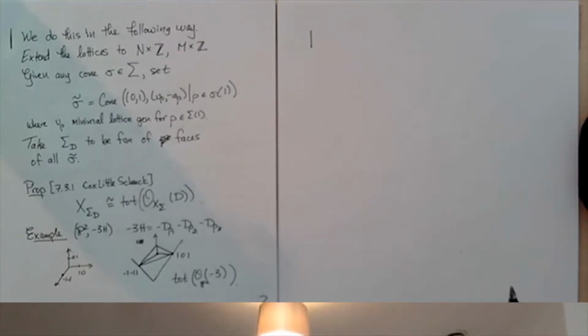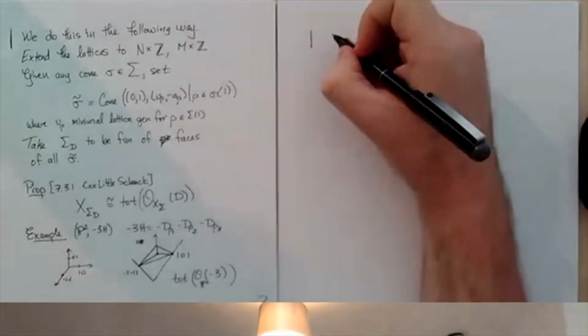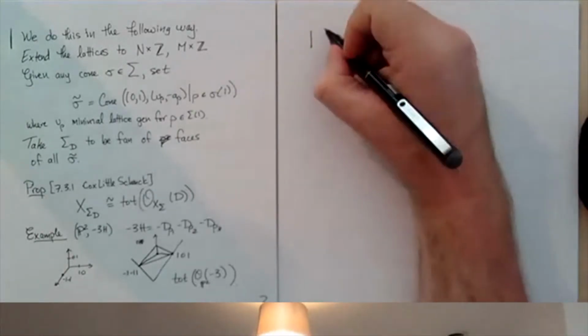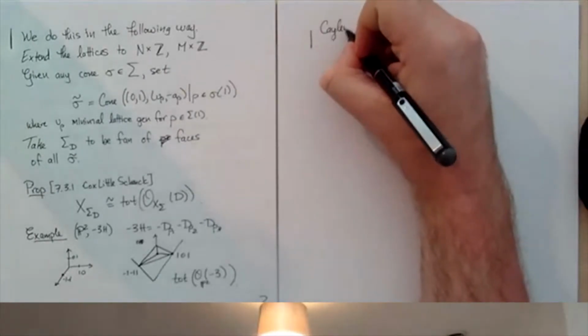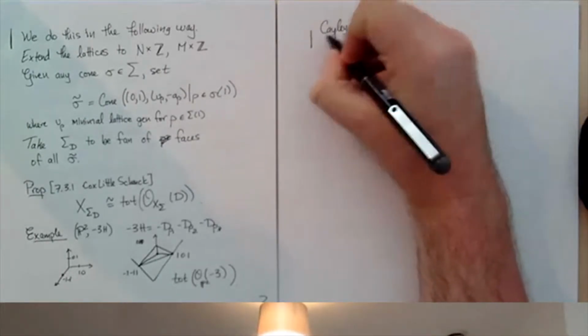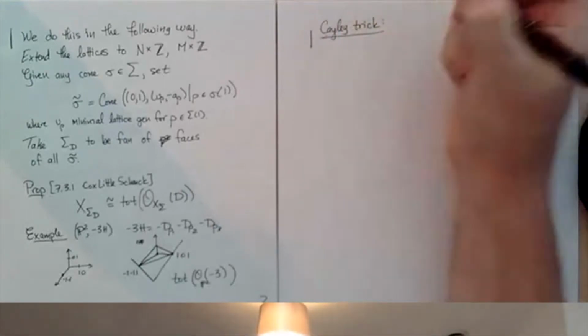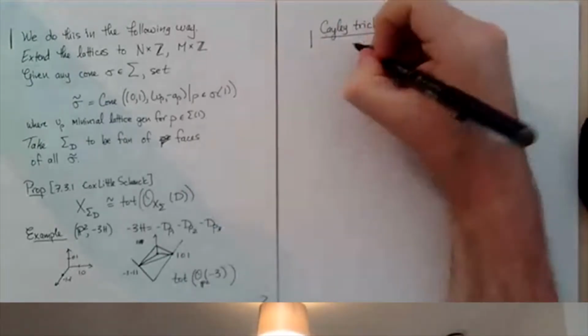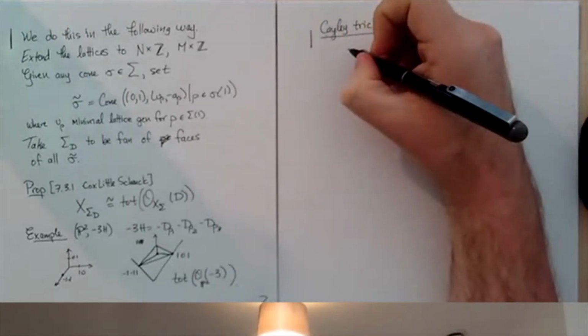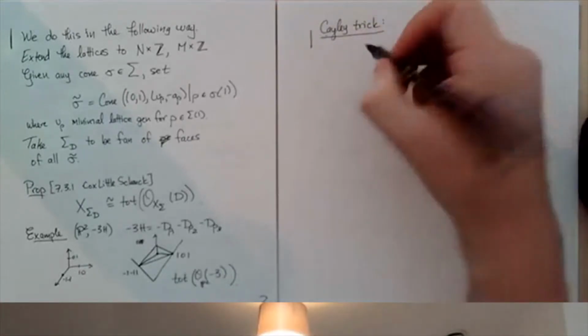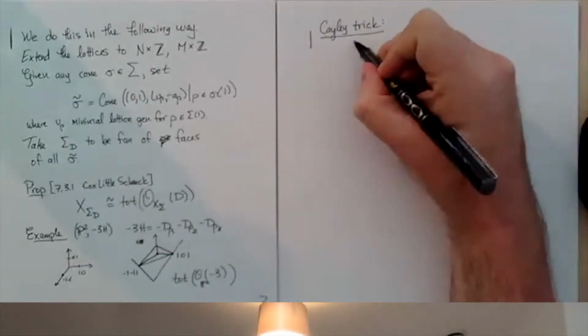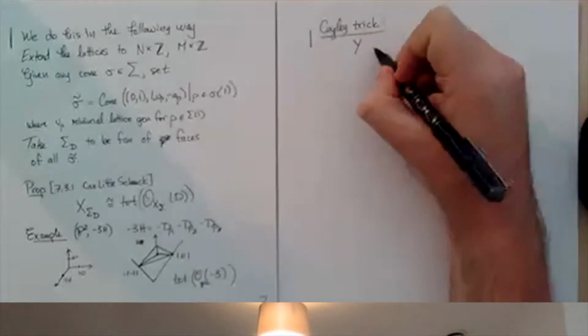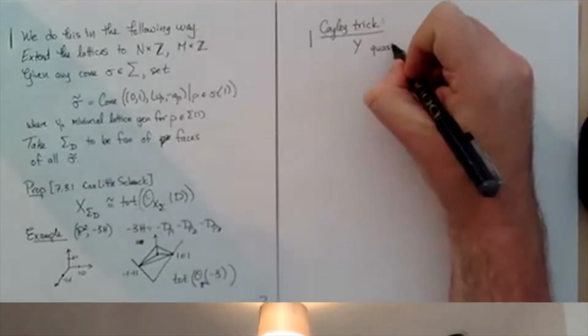All right, so what I can then do is some type of Cayley trick. So if I have, this is like outside of the toric setting. If I have some variety, say Y, this is some quasi-projective variety.